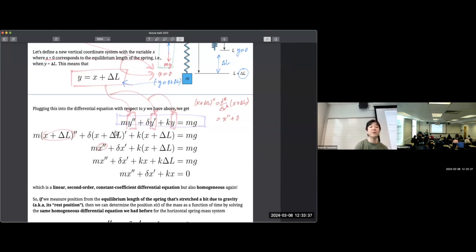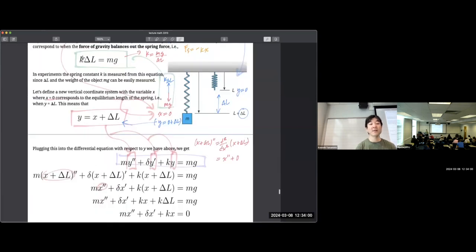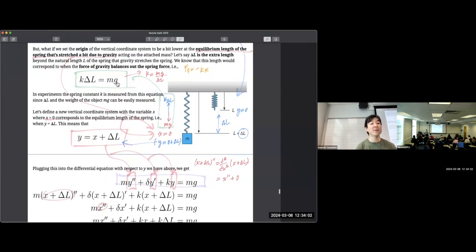Same idea with this one. (x plus delta L) prime would just be x prime, because delta L is just a number, so that's a constant. This one, you're not taking the derivative of, so it'll just stay like this. Then you distribute the k to each of these. So it's all of this top plus kx plus k delta L. But what did we say k delta L is? k delta L must have been mg, right?